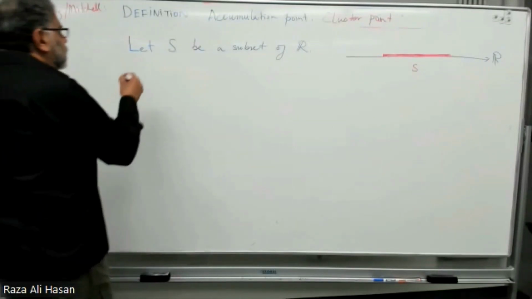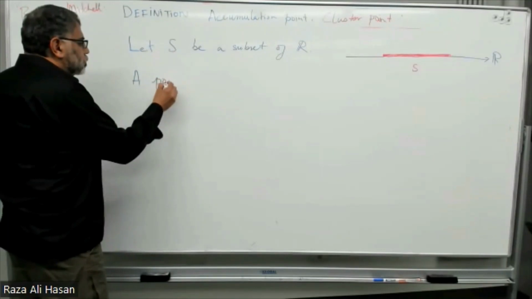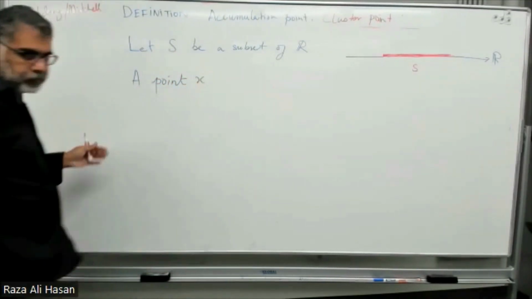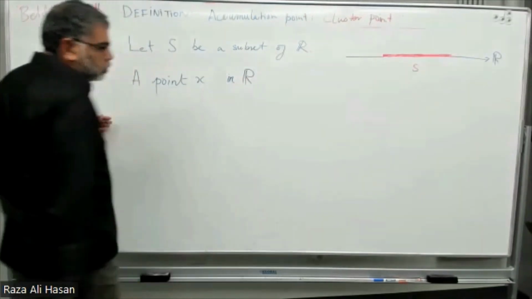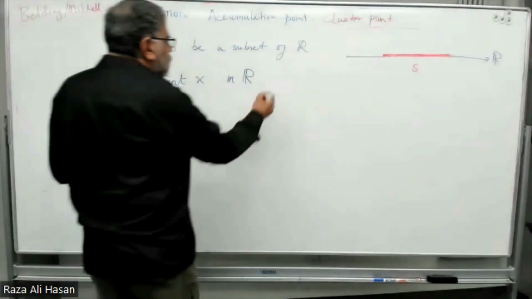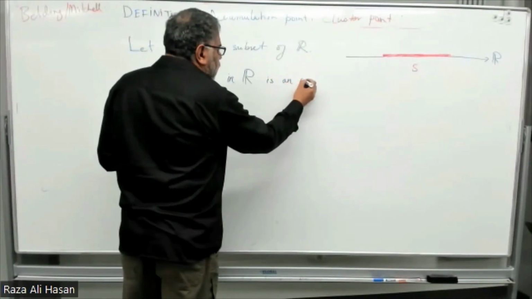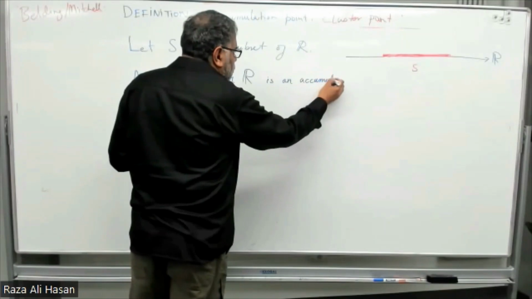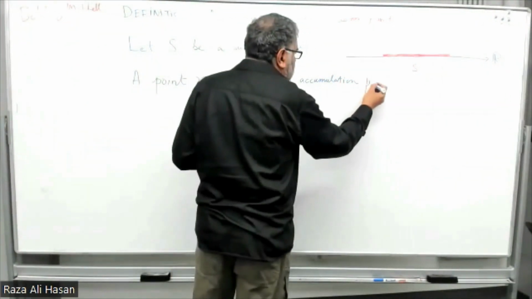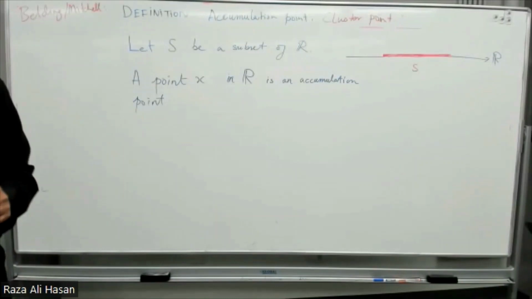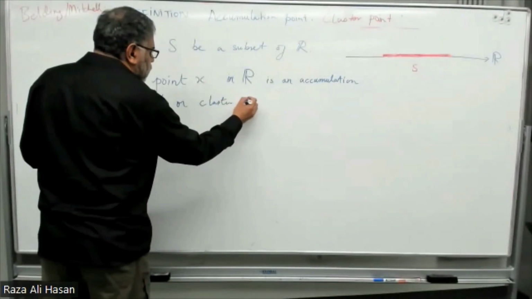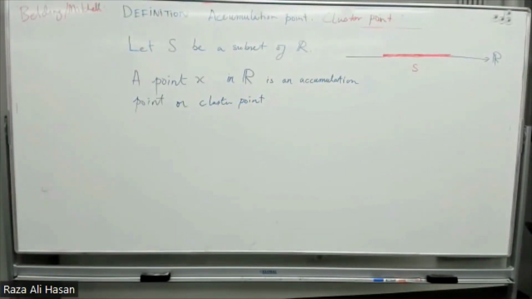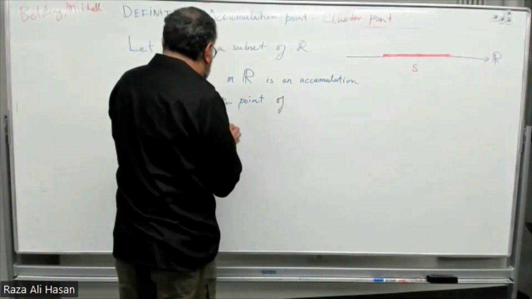Then the definition says a point X in R is an accumulation point or cluster point of S.